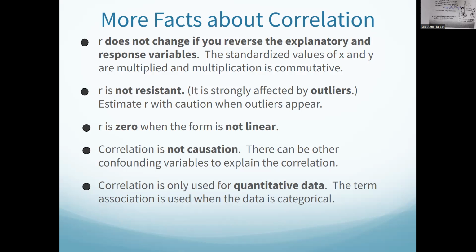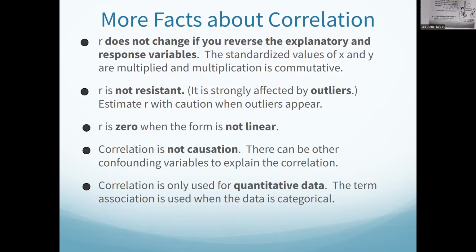Next, correlation is not causation. This is actually one of the most important things in stats. There can be other confounding variables to explain the correlation. Just because you graph an x and a y doesn't mean your x caused the y. You guys know about the murders and ice cream thing? If you graph the amount of murders on the x-axis and the amount of ice cream sales on the y-axis, there's almost a perfect positive correlation.